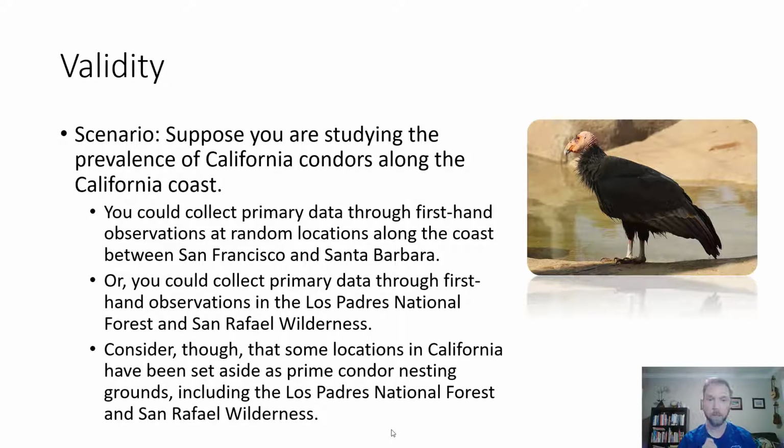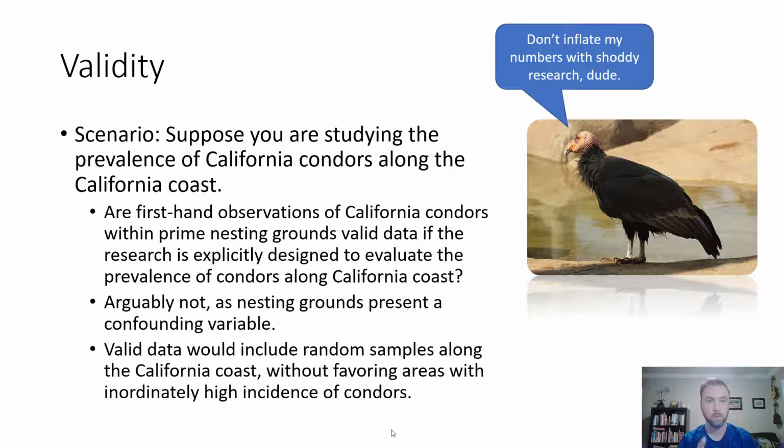But consider, some locations in California have been set aside as prime condor nesting grounds, including the Los Padres National Forest and San Rafael Wilderness. So you have to ask yourself, are first-hand observations of California condors within prime nesting grounds valid data if the research is explicitly designed to evaluate prevalence of condors along the entire California coast?